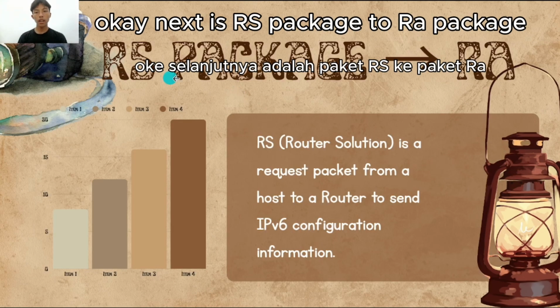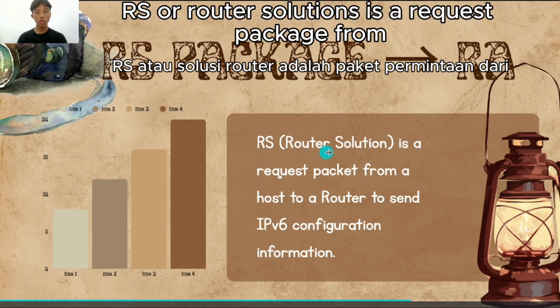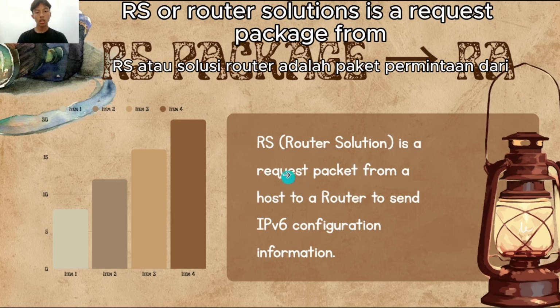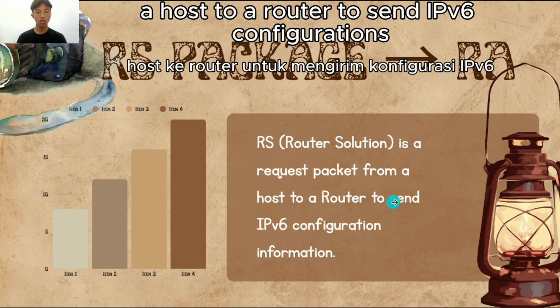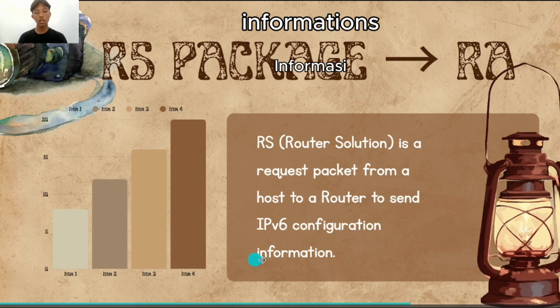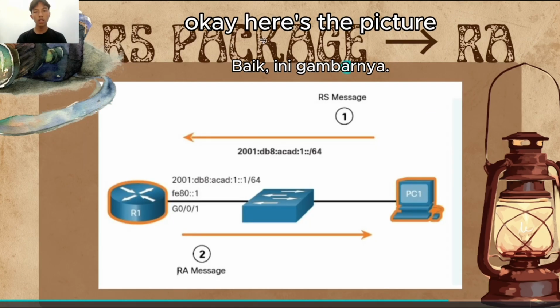Okay, next is the RS packet to the RA packet. RS, or router solicitation, is a request packet from a host to a router to send IPv6 configuration information. Here's the picture.